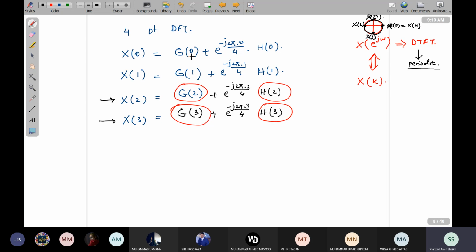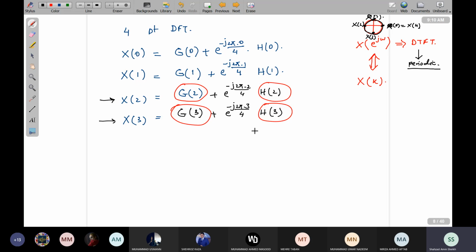So when we are taking this G of 0, it means G of 0 and G of 2 are the same thing. G of 1 and G of 3 is the same thing because G of K is periodic with period n over 2. H of K is periodic with period n over 2.